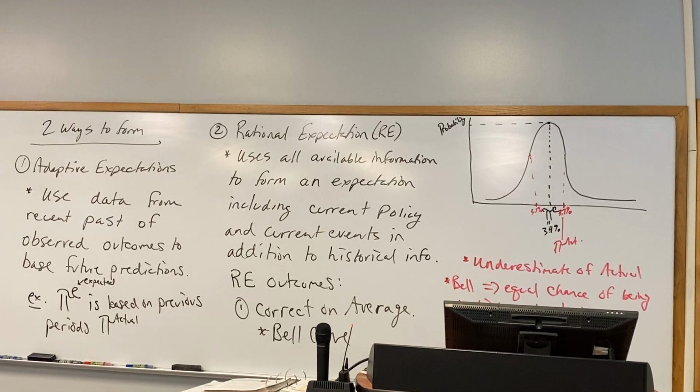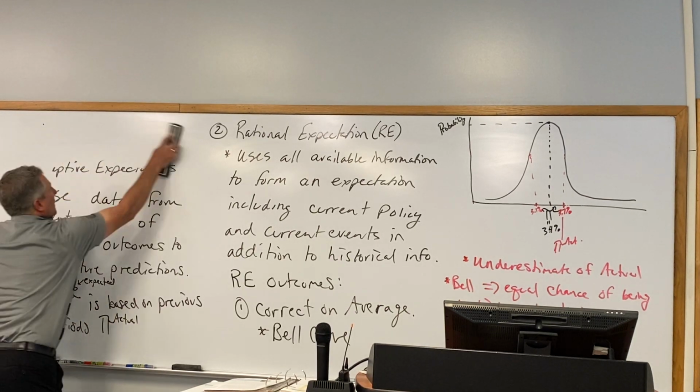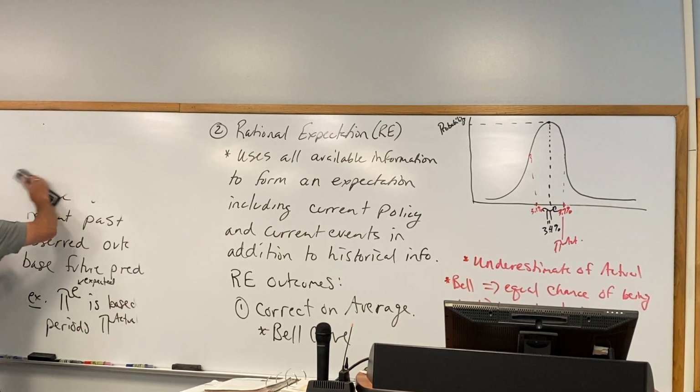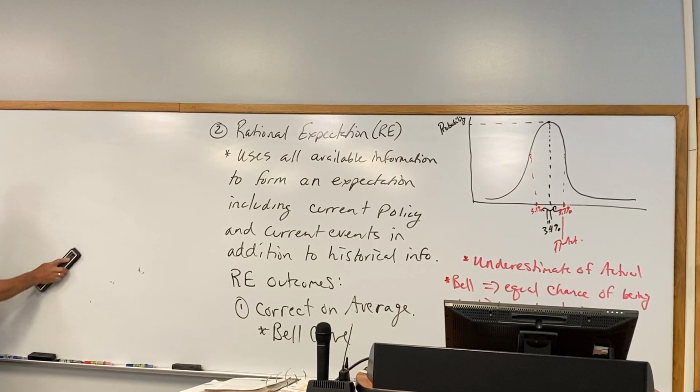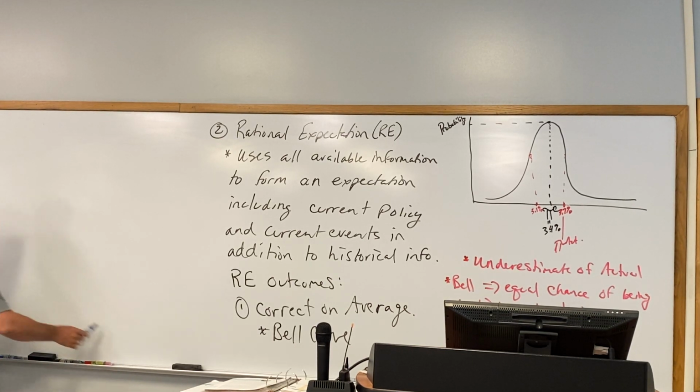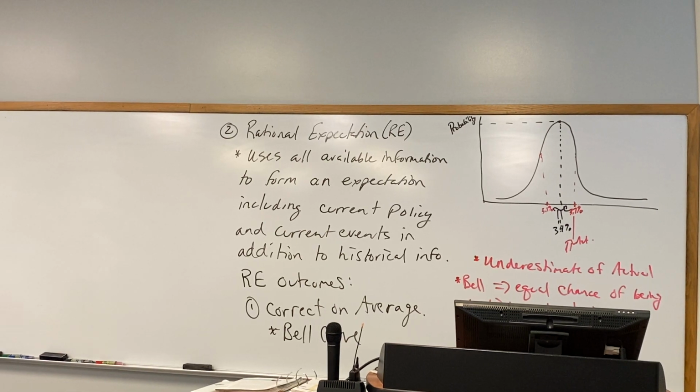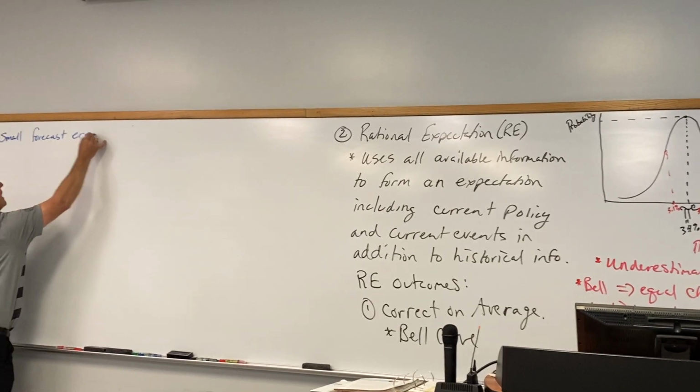All right, so on average, we are doing good, but we're actually likely to be wrong. And this brings in our outcome number 2, which is we expect there to be small forecast error. Number 2, using rational expectations, we'd expect there to be small forecast error.